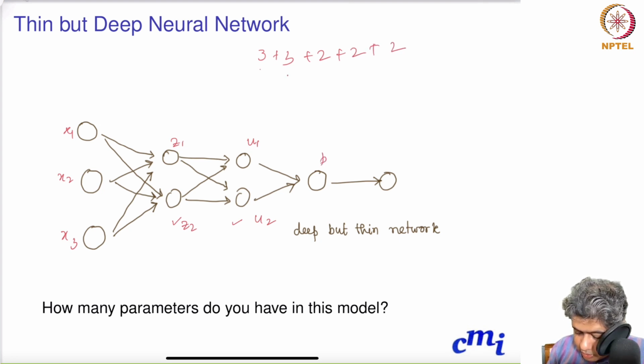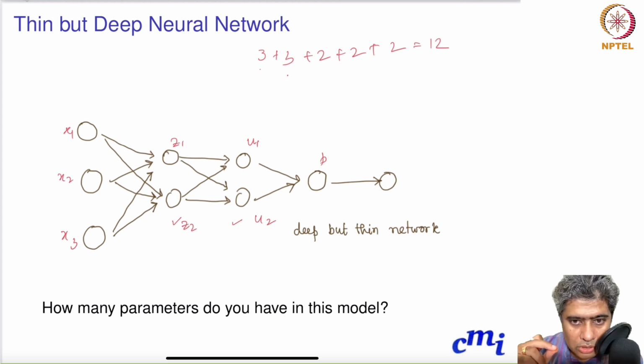So 3 plus 3, 6, 6 plus 2, 4 is 10, plus 2, 12. So a deep network with more layers, with each layer having a smaller number of nodes, like only 2 nodes, is giving you fewer parameters than a single layer with too many nodes.